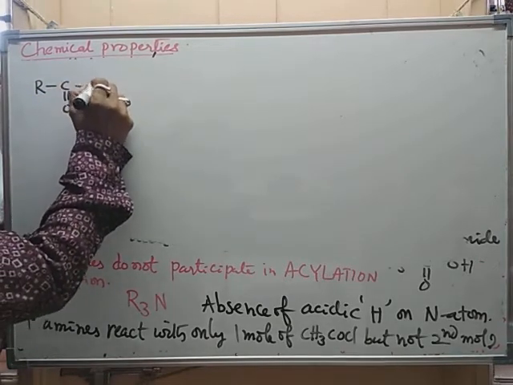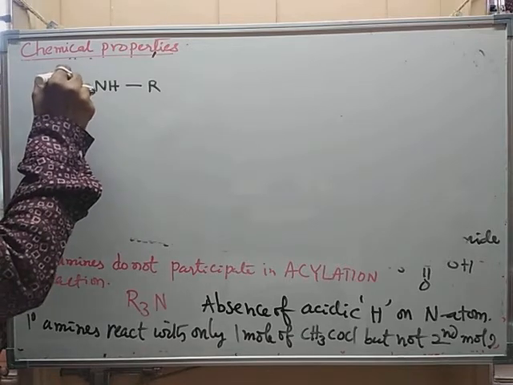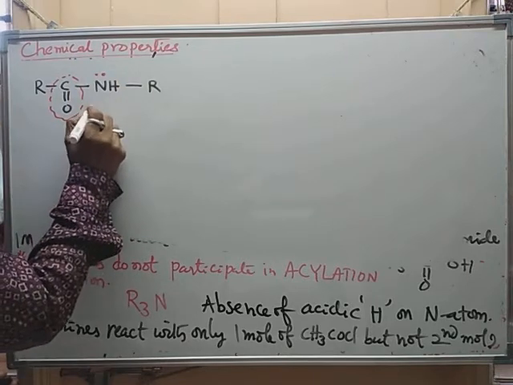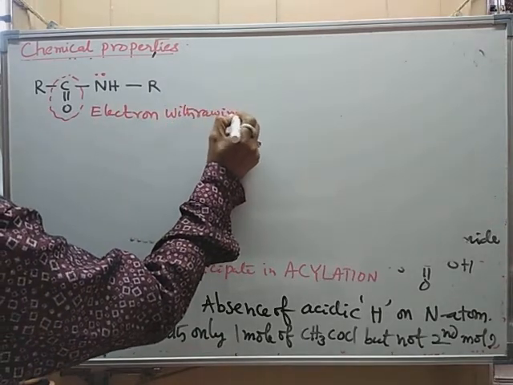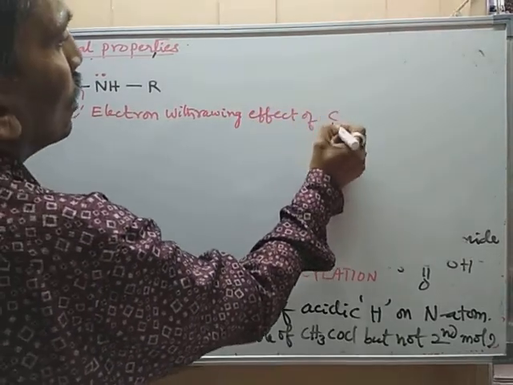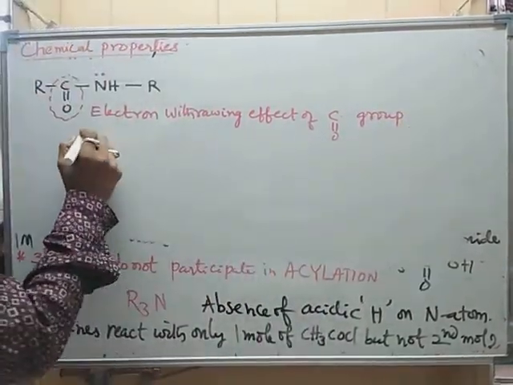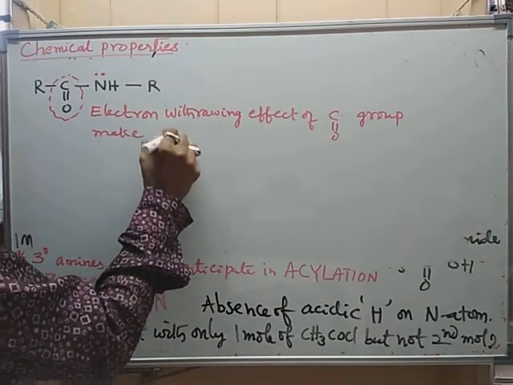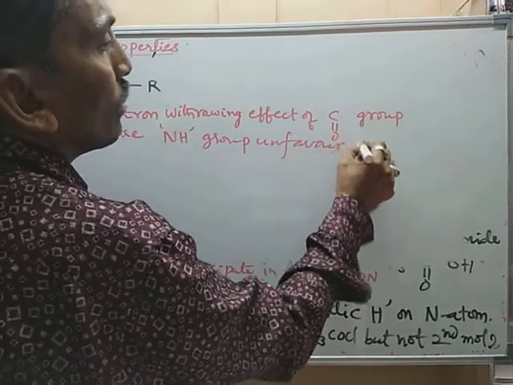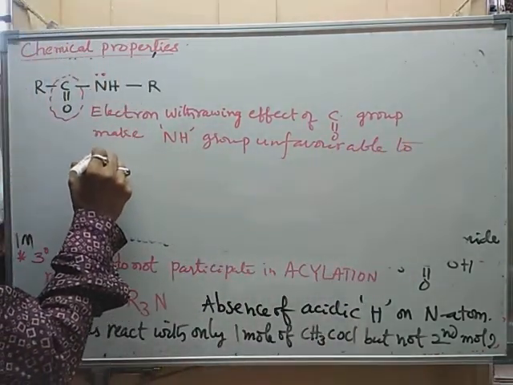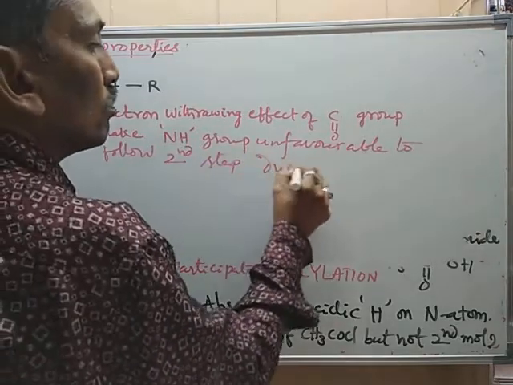RC double bond O NHR is the product after one step. Yes, the electron withdrawing effect of the C double bond O group makes the NH group unfavorable to follow the second step due to resonance.